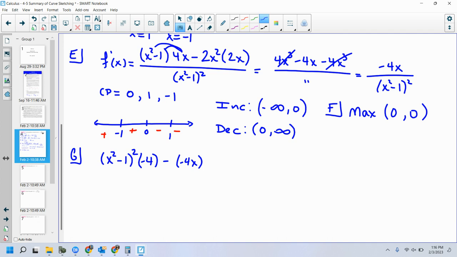Now, the derivative of low, chain rule, 2 times x squared minus 1 to the first power, times the derivative of the inside. And that's all divided by x squared minus 1 squared squared. So to the fourth.